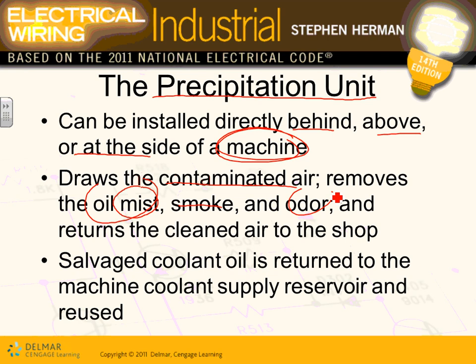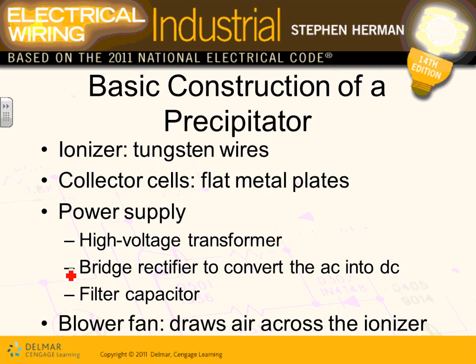It cleans the air for people around these machines, and they can salvage the oil so they don't harm the environment, and reuse it later from a reservoir. It takes the oil mist, separates it from the odor and the smoke, and exhausts it outside. Does that make sense? You guys have seen them right next to the machine sucking the air. So that's what they're talking about.